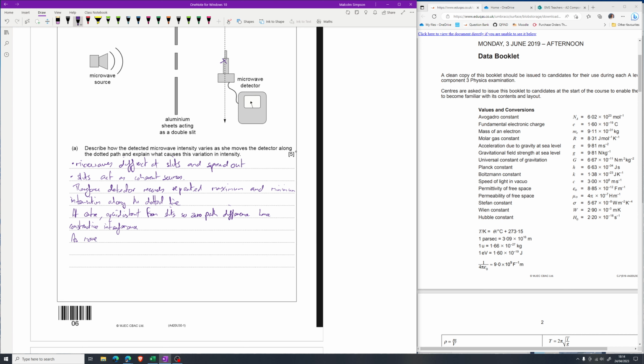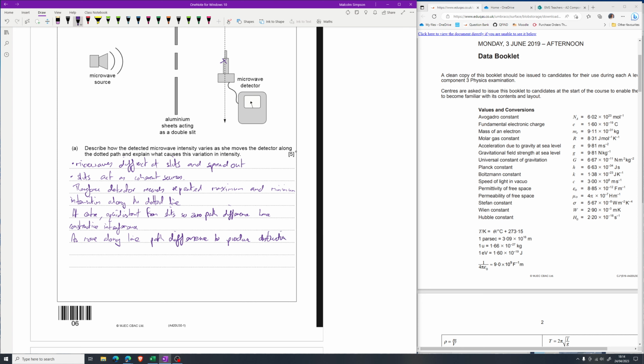As the detector moves along this dotted line, path difference changes, to produce destructive interference.